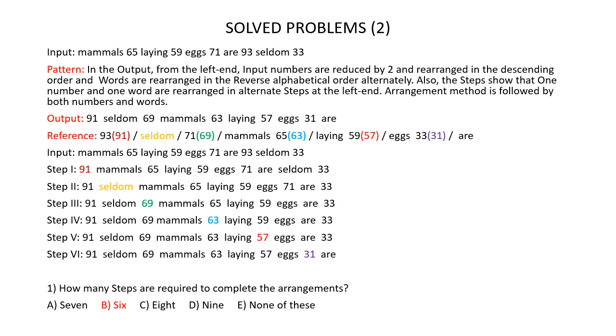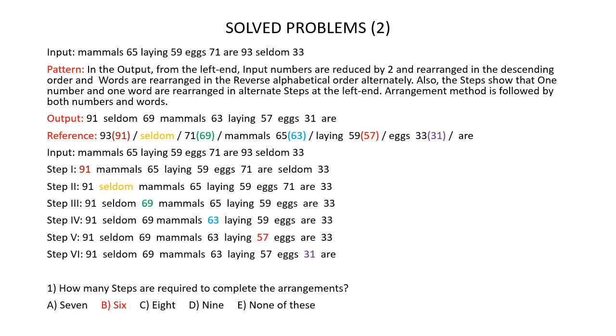The next element in the reference is 69. Now for step 3, write 91 and seldom in the same positions as in step 2. Write 69 in the third position from the left end in step 3. 69 is got by subtracting 2 from 71.